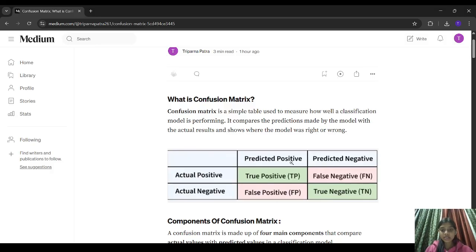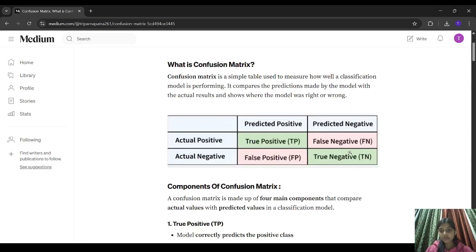Where the predicted and the actual value are both positive, we write T. Where the actual value is negative and the predicted value is positive, we write F, which means false. Under predicted negative and actual positive, again F, and under predicted negative and actual negative, T, which means true.